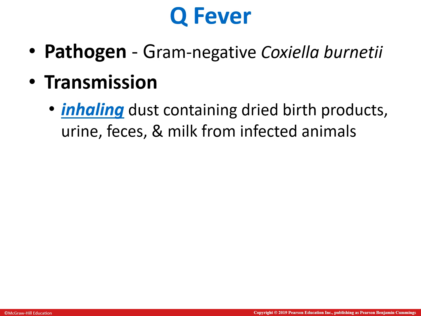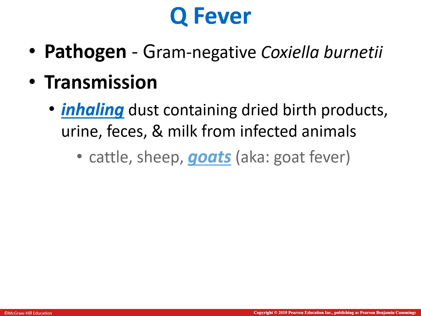Typically, it's coming through inhalation. So if you are working in a barn where animals have given birth and there are dried placenta or urine, any kind of animal secretions in the dust in that barn, it can be inhaled when you're sweeping or cleaning the barn.